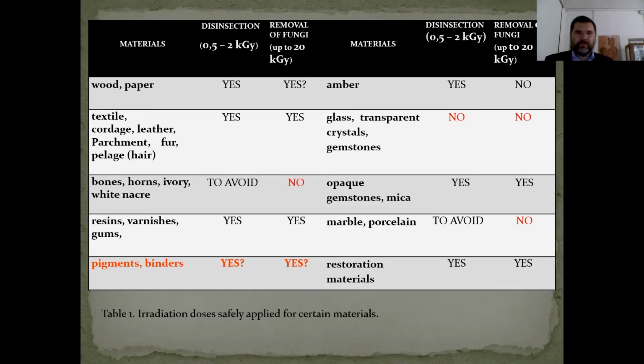We usually know what the doses are for disinsection or removal of fungi for various materials. But for binders, mostly the proteinaceous binders are not so well investigated in terms of gamma irradiation.